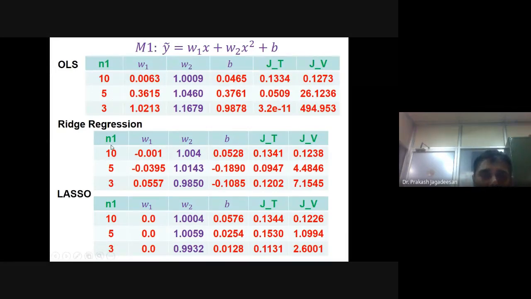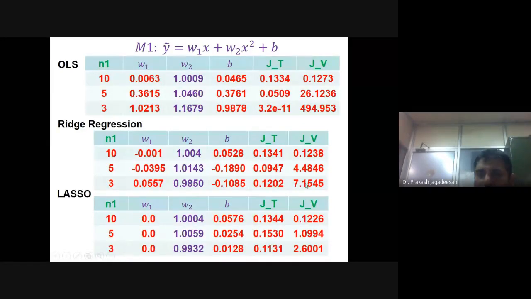On the other hand, if I use ridge regression, again you can see if I use 10 observations, testing error and training error are almost the same. But if I reduce the observations, of course, testing error and training error are not matching, but relative to the OLS approach, the testing error is not that high compared to the training error.